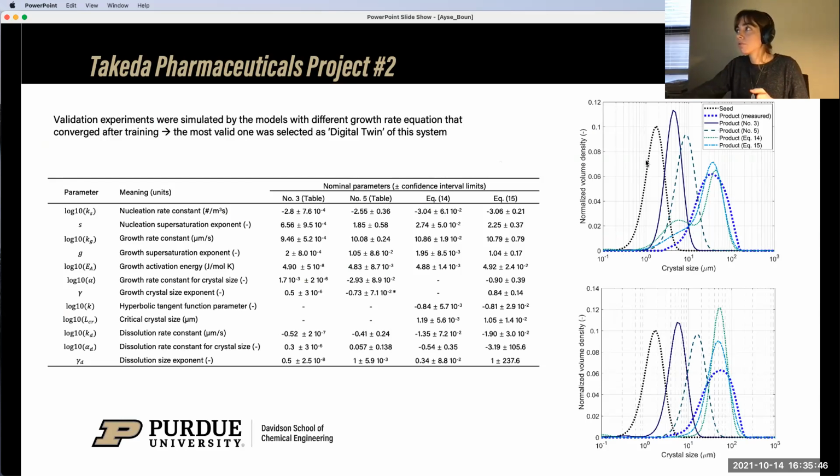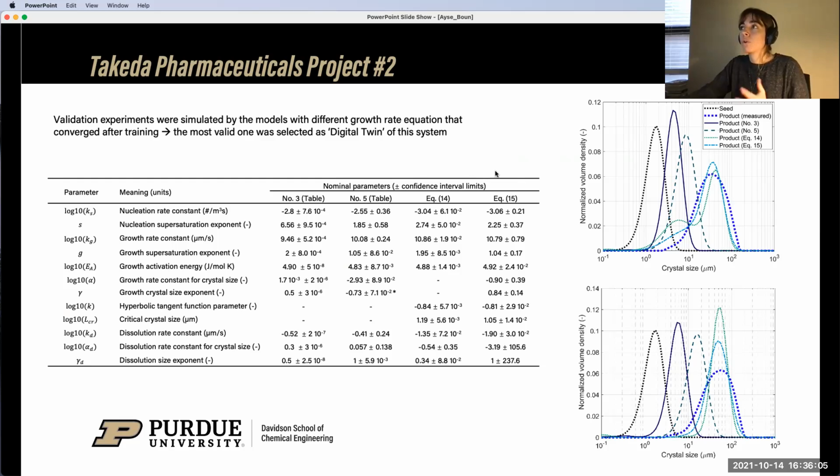You don't have to care about it for now. And you can look at the other black dashed, very dark blue, and the other dashed blue lines. So equation 15, this one, showed the best fit. And that's why we chose the model with equation 15, the one we developed.